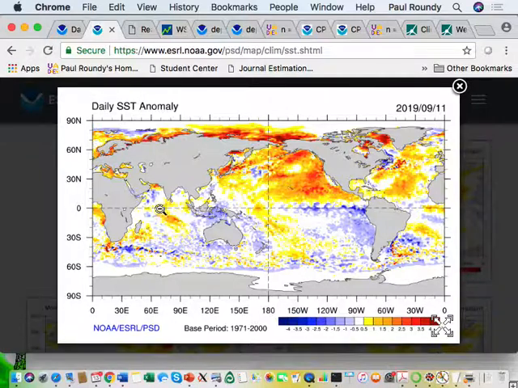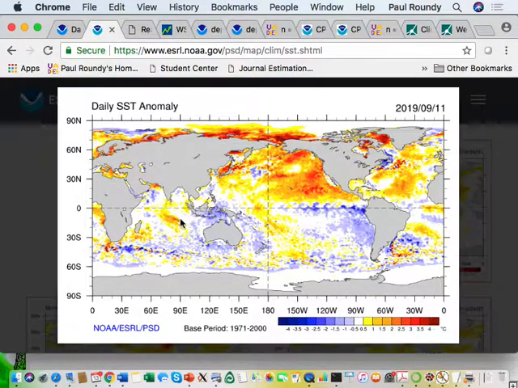So in this situation, convection rainfall this time of year is more favored over here than it is over here. But the present daily mean sea surface temperature structure doesn't really project well onto the normal Indian Ocean dipole pattern.